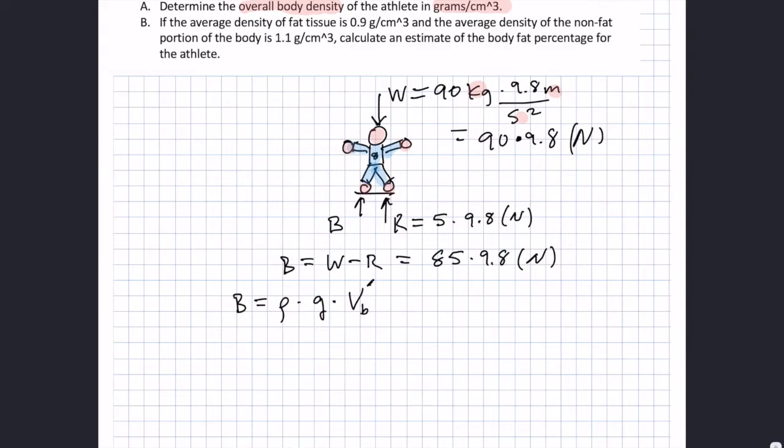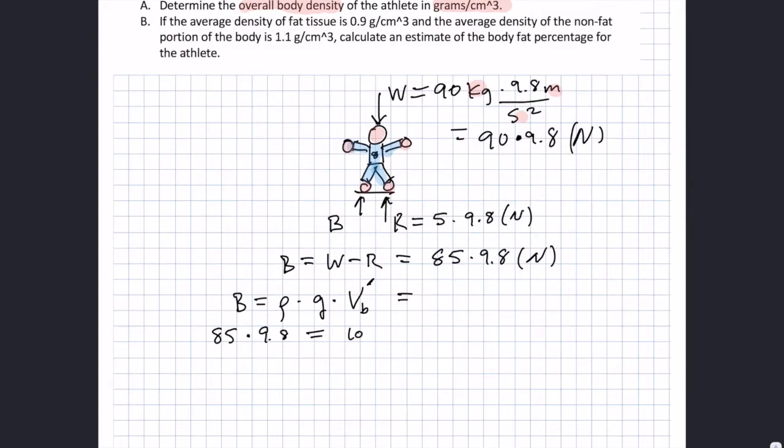I'm going to put a prime there because the body also has air trapped in the lungs, and so we want to subtract off that particular volume to get the density calculation for the body. Okay, so here we are, we're ready to go. We know that this is 85 times 9.8 is equal to, and we can put this in cubic meters.